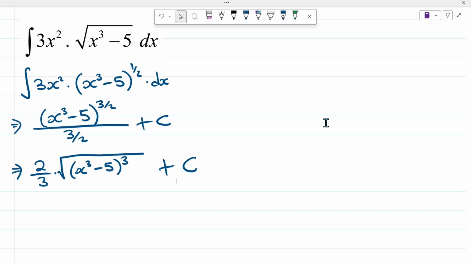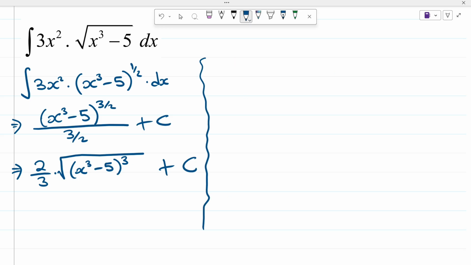There are cases whereby u substitution is a must, and cases whereby it is not a must. So in this case, you can either solve this question using the general power rule like I did, which was the fastest way, and I recommend this one. And u substitution can also work here. So let's try to solve it using u substitution, and then you'll see that it is the same thing.